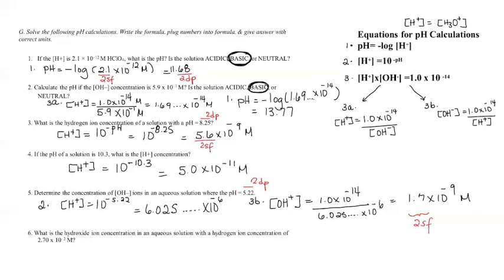If we want hydroxide and we have hydrogen ion, which equation am I going to use? It's 3B, sorry, I read it incorrectly in my head. Yes, we need 3B because we were given hydrogen ion.